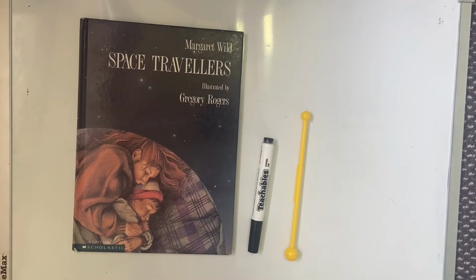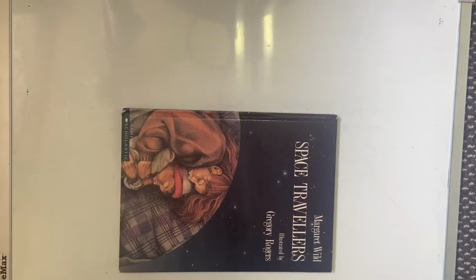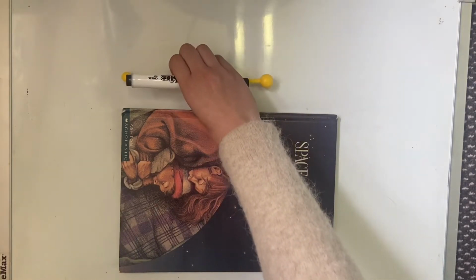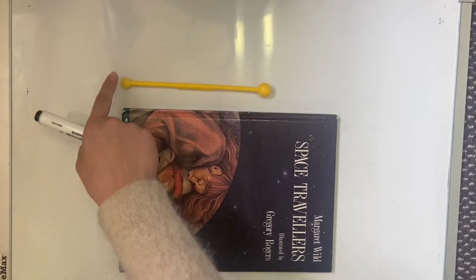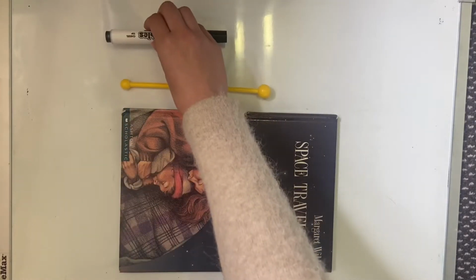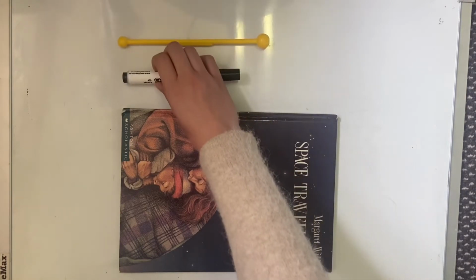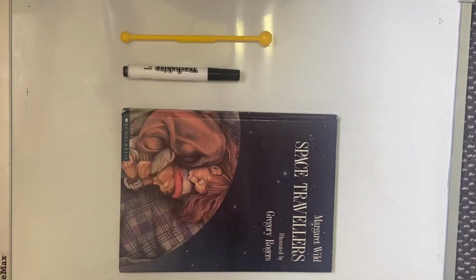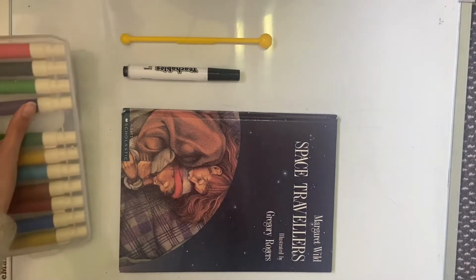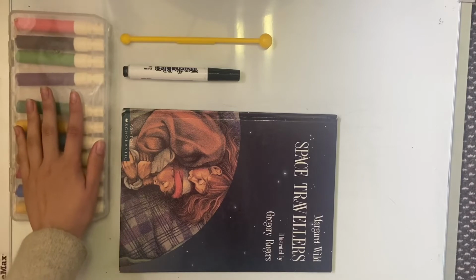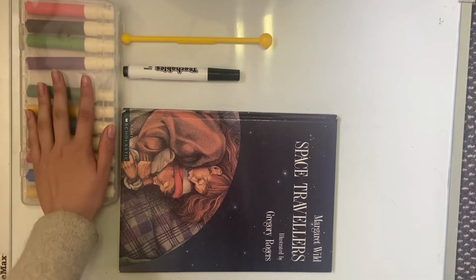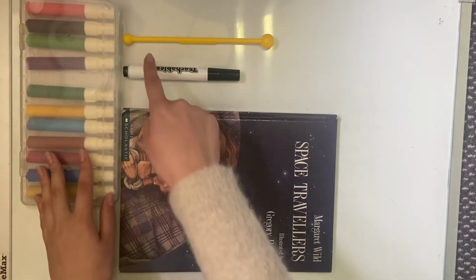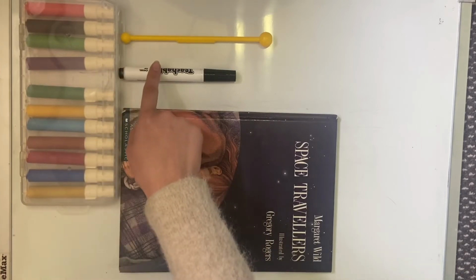So let's have a look at the length. To compare the objects' lengths accurately, you need to make sure that the end of each of the objects is at the same point as the others. To help you, you might even get something else, like a piece of paper or a stick, or in this case I'm using this container of little texters, to make sure each of the objects are touching that line.